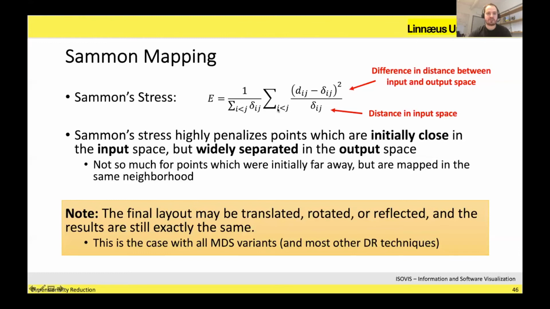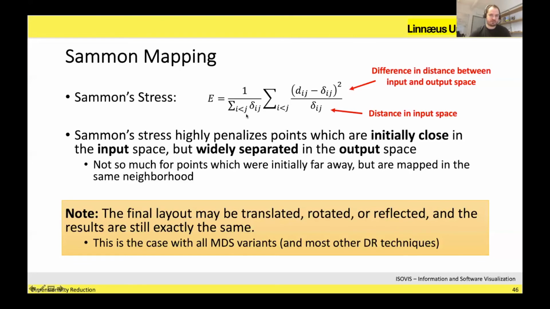So you have the sum of squared errors. It is literally the sum of squared errors, but divided by this kind of factor for penalizing larger distances. And then at the end, you just normalize it by the sum of all the original distances here. Actually, this is just a constant, so it doesn't really matter too much. But it's a way to scale down the error in a way that makes sense for the optimization.